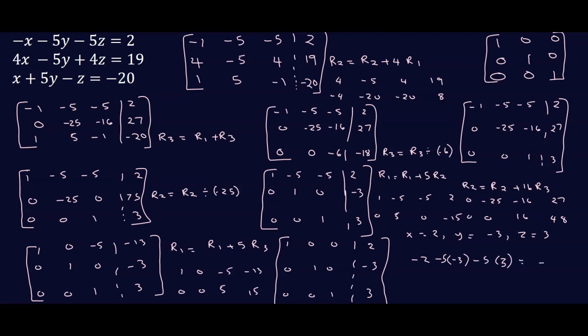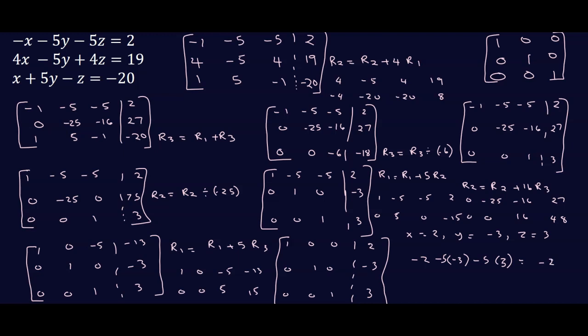So this is going to be negative 2 plus 15 minus 15, so that is supposed to be negative 2.